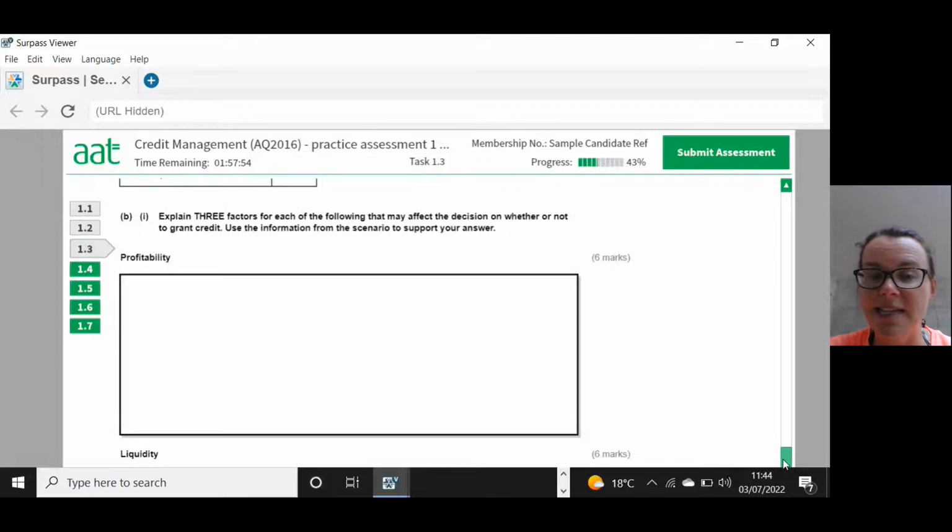I can't obviously guarantee that that's going to be the same in the real exam, but it's looking likely that your exam question will be in this format. So they have broken it down for us into profitability for 6 marks, liquidity for 6 marks, and gearing and risk for 6 marks, and asking for 3 factors.